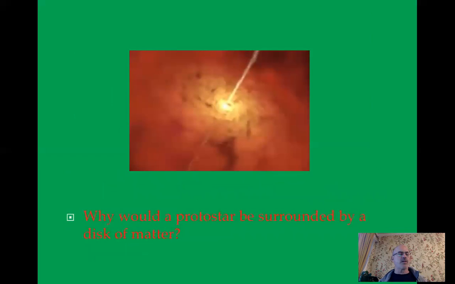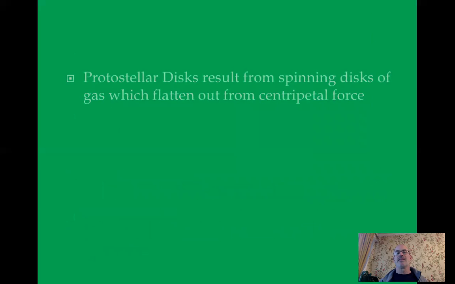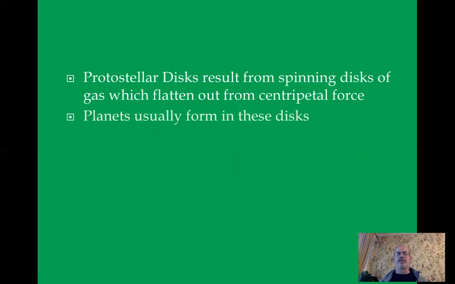Now, why would a protostar be surrounded by a disk of matter? The reason is that it's spinning. If you've ever watched a pizza maker, you start spinning the ball of dough and it starts to flatten out. That's basically what's happening here: the disk of gas flattens out from the centripetal force, or you can think of it as centrifugal force that causes it to spread out.